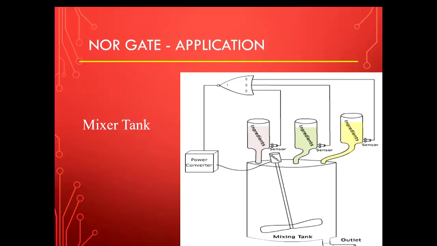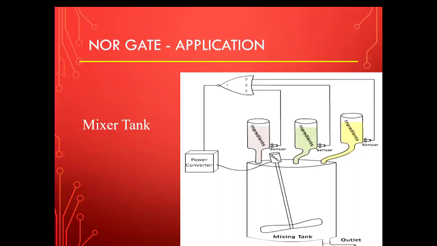And here is an application for a NOR gate. So you have a power converter which is connected to the motor, which is basically mixing all the ingredients in the tank. So it's a stirrer, and you've got 3 ingredients, say A, B, and C, and you've got a sensor right there at the bottom of those cylinders.